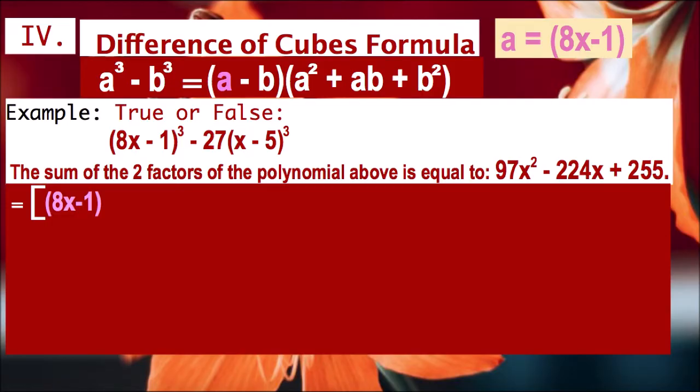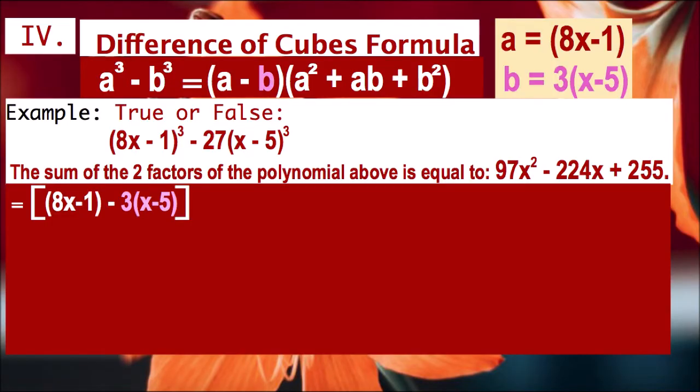So, in this case, a is represented by 8x minus 1, and b is represented by 3 times the quantity x minus 5.